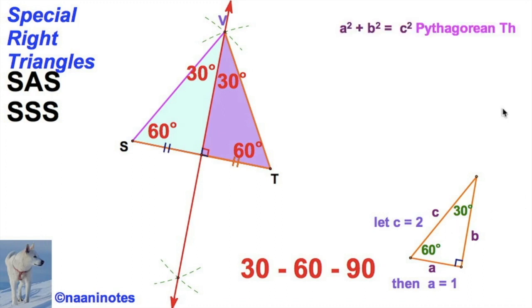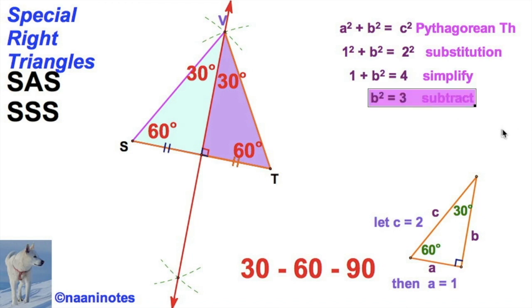And let's plug into the Pythagorean Theorem. A squared plus B squared equals C squared, just like we did for the other special right triangle. We're going to perform the substitution, and then we can keep this going. We're going to square the 2, square the 1. This time, clearly, we're going to subtract.